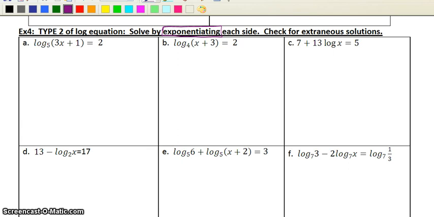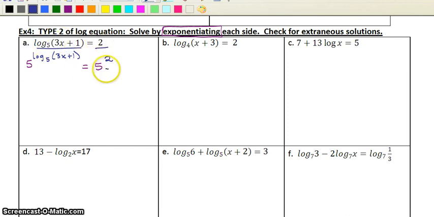In order to get rid of a log base 5, what I can do is take both of these as powers of 5, and what I mean is both sides. I took the left side as an exponent of 5, and I took the right side as an exponent of 5. Whatever I saw here and here, I just made the exponent, both sides with a base of 5.